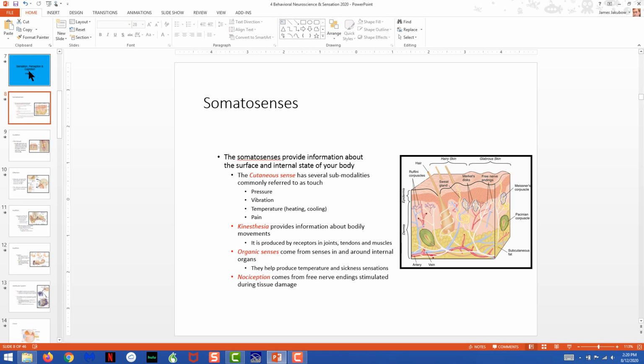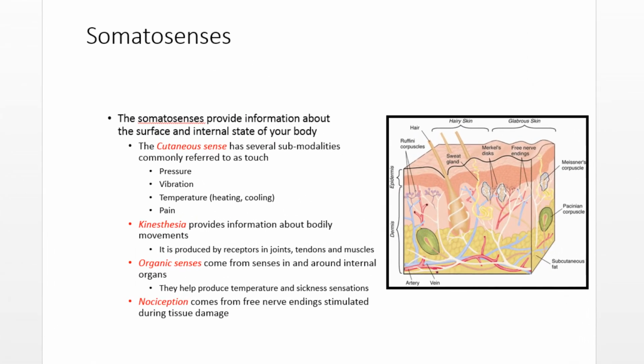Somatosenses have a variety of subtypes. These are all fairly straightforward, so let's just take a look at them and accept the system that exists at the current time. Most of the somatosenses occur from the outer surface of the skin, and they do fall into categories of pressure, vibration, temperature, and pain.